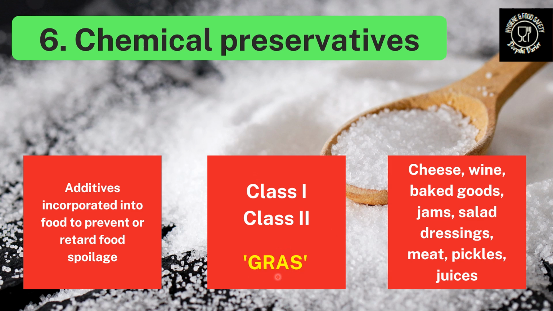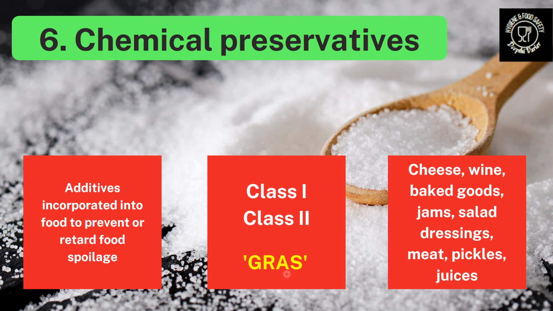That is what GRAS means. So, whatever preservative you add should be approved by the FDA or by any other local authority which is monitoring the food in that particular country, and it should be in the GRAS category, generally recognized as safe.